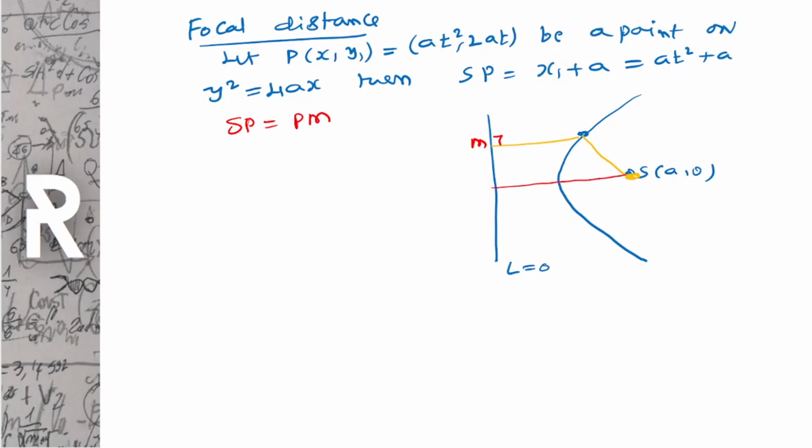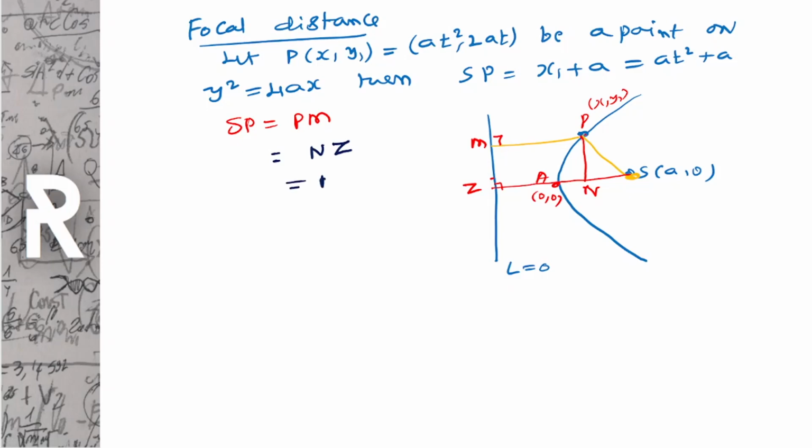Draw the perpendicular, that is the axis here. Draw the perpendicular PN from P(x1, y1) to the x-axis. This is the vertex A, and this is Z. SP = PM, and PM is NZ.